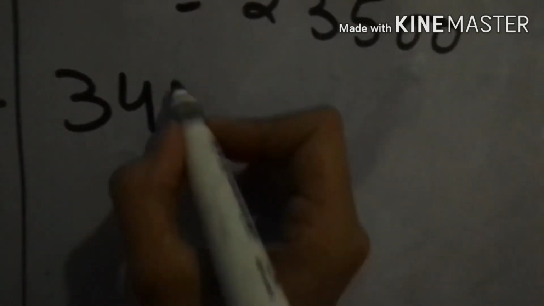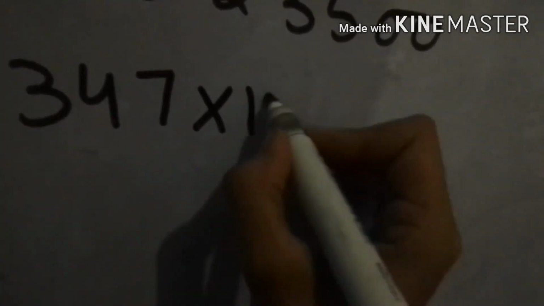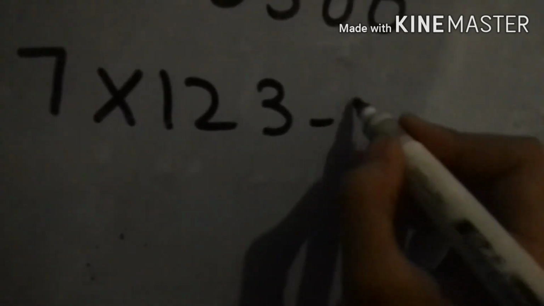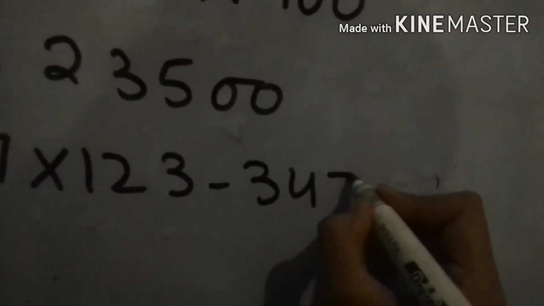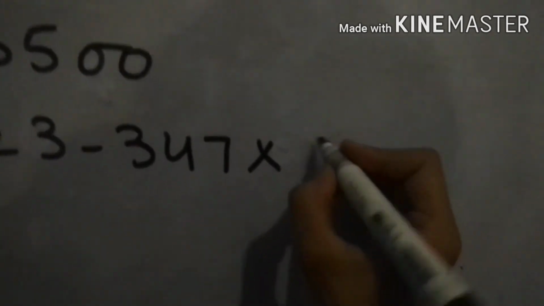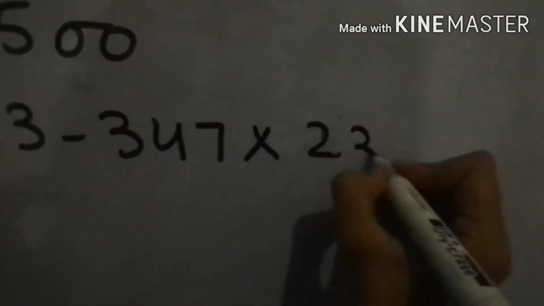B part is 347 multiplied by 123 minus 347 multiplied by 23.